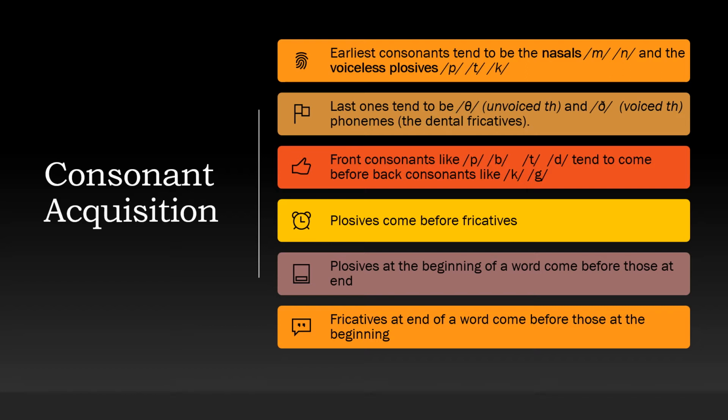The voiced version looks like a D with a little bar across the top, and that is the same as the initial sound of that. Those are the dental fricatives.